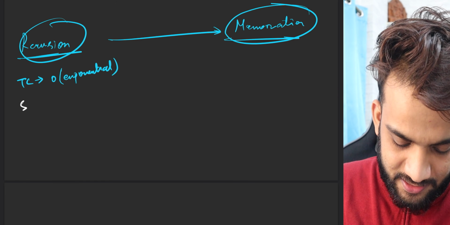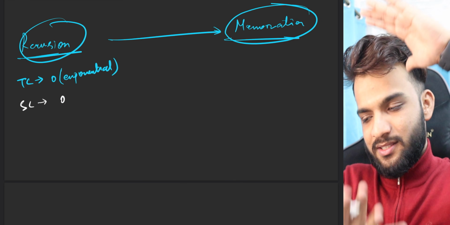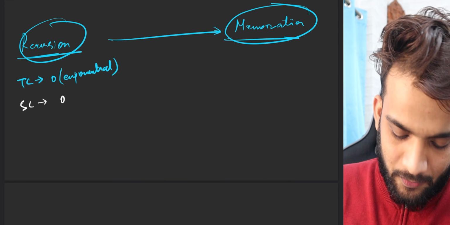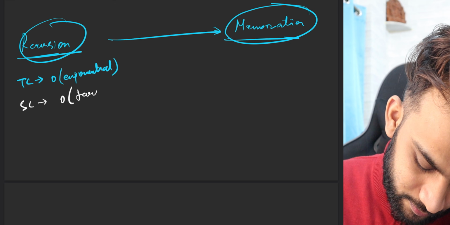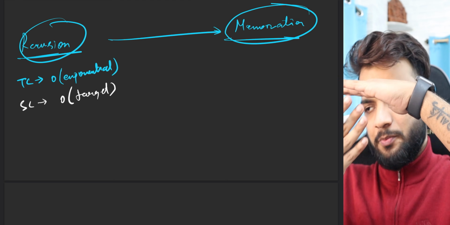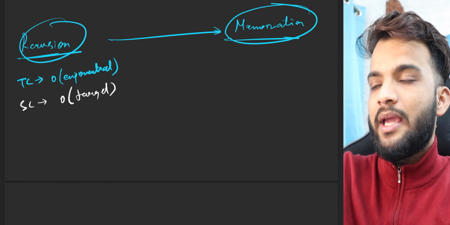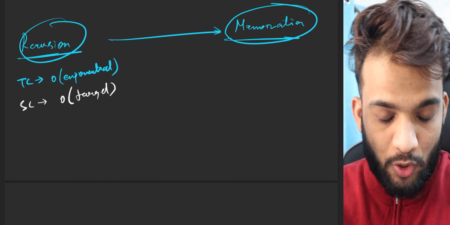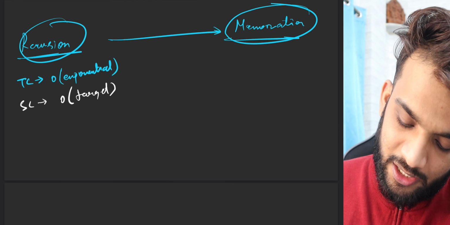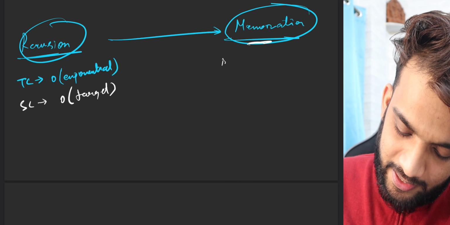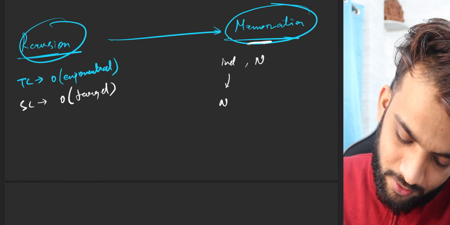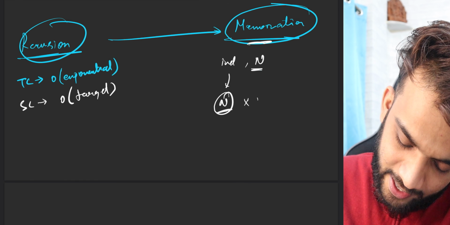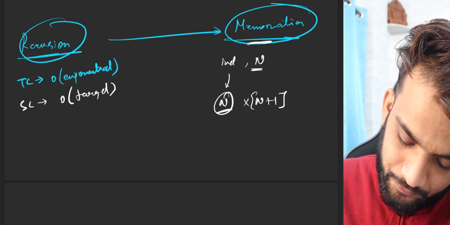What is the space complexity? The auxiliary stack space is the recursion depth, and it can go up to big O of target, because you're taking the target again and again. If you memoize index and n, the couple of changing parameters, index is n and n is also n, so an n into n plus 1 array will do.